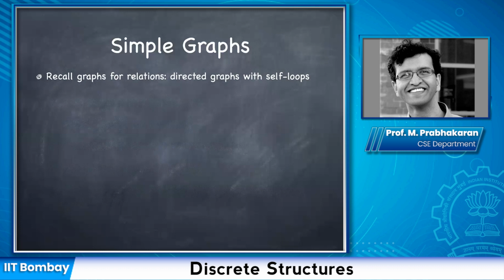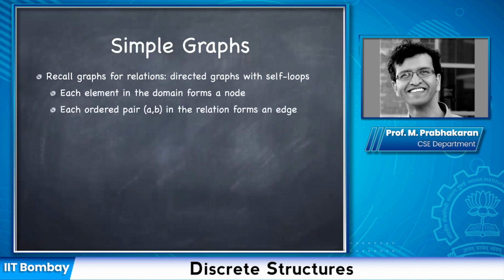Okay, so since I said the graph captures only the relation, you should go back and think about using graphs for relations. This is something we did already. The difference between the graphs we talked about at that point to capture relations and the graphs we are dealing with now is that the graphs we used for relations were directed graphs.